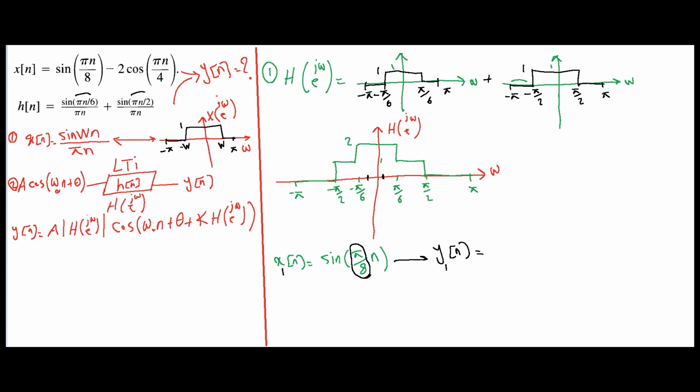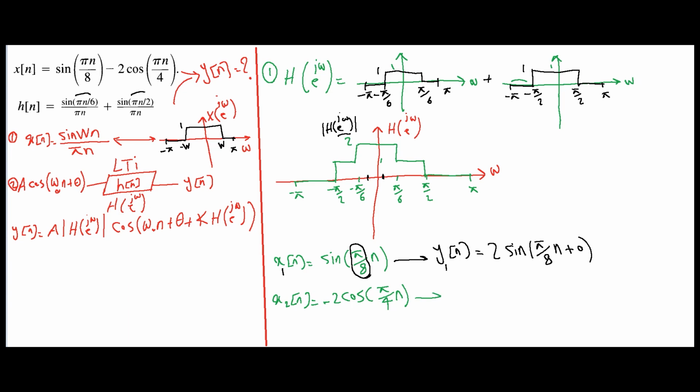According to the second point, at these frequencies, the magnitude of H is equal to 2 and the phase is equal to 0. Therefore, the output corresponding to this part of the input, which we call y1[n], is 2 sin(π/8 n).